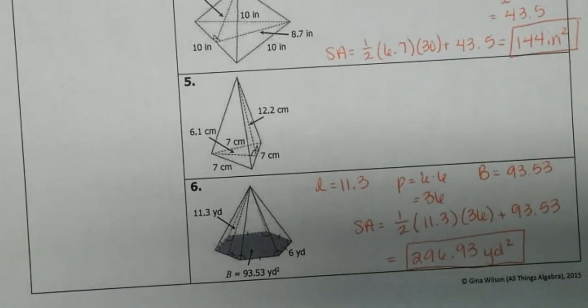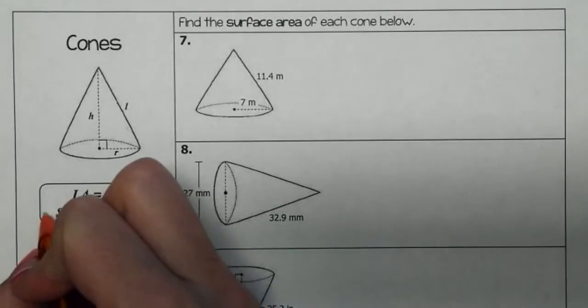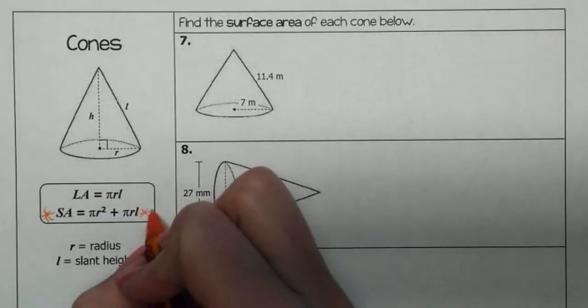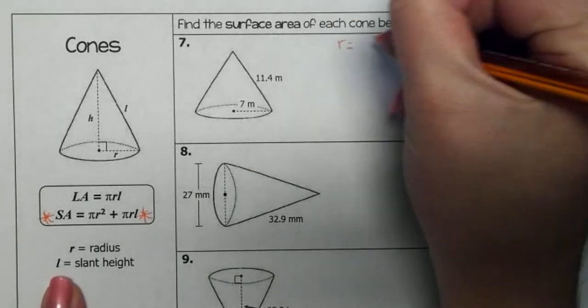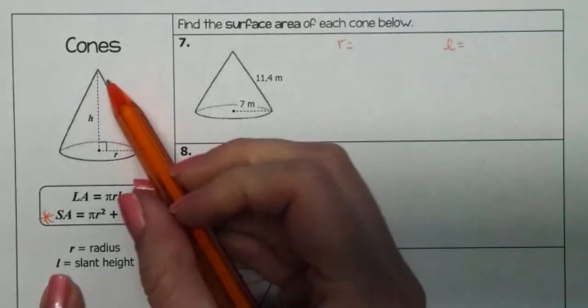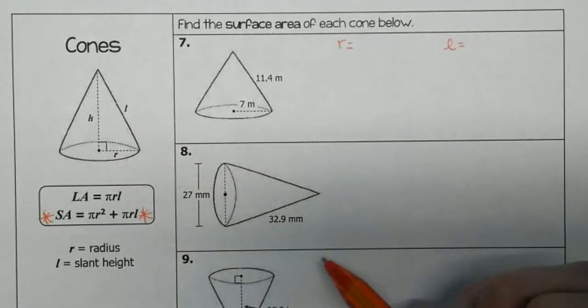Alright, so let's take a look at cones next. Flip it over. Focusing on the surface area formula for today, what you need is your radius and your slant height. Slant height looks the same in these figures. Number 7 already gives it to you.